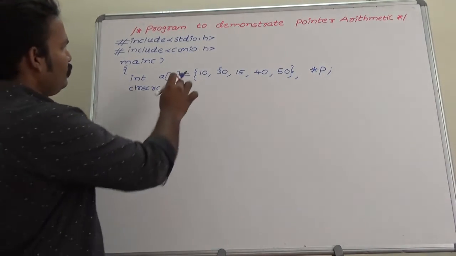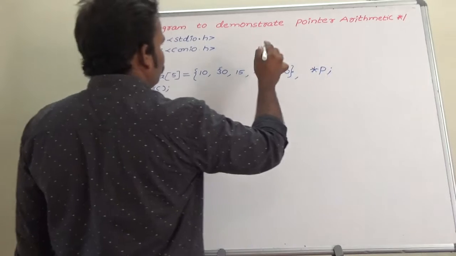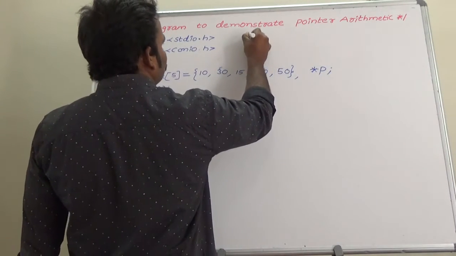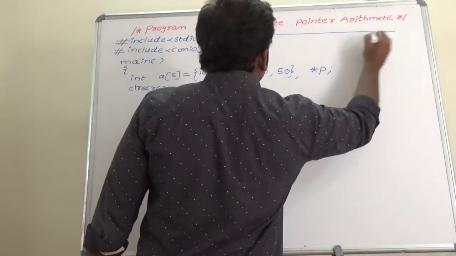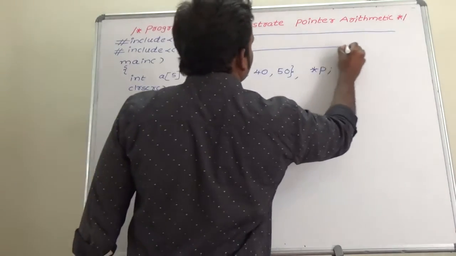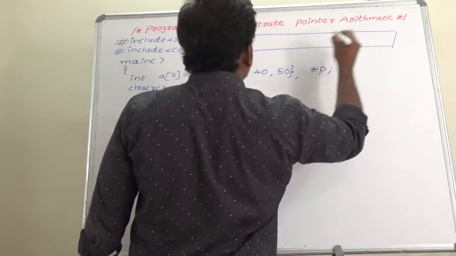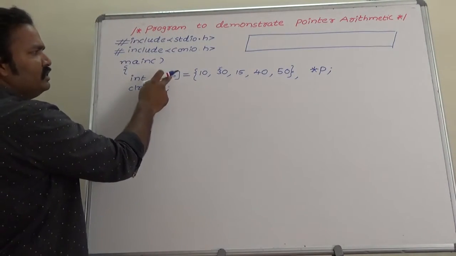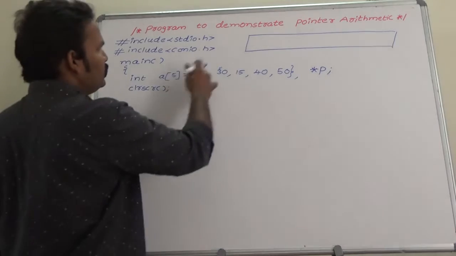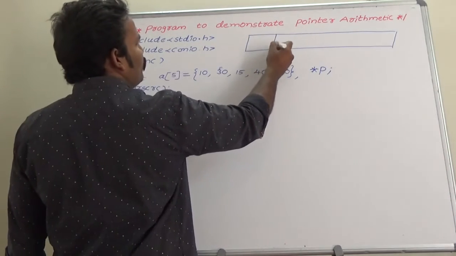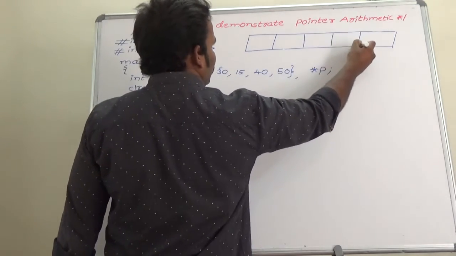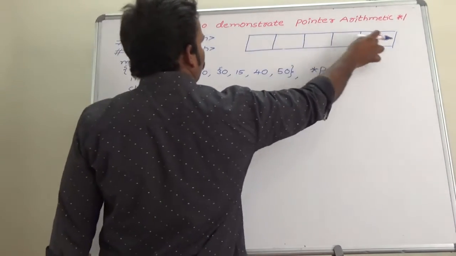Here the internal memory allocation will be like this. The array size is 5. That means this array can hold 5 elements, so 5 memory blocks will be allocated. 1, 2, 3, 4, 5.